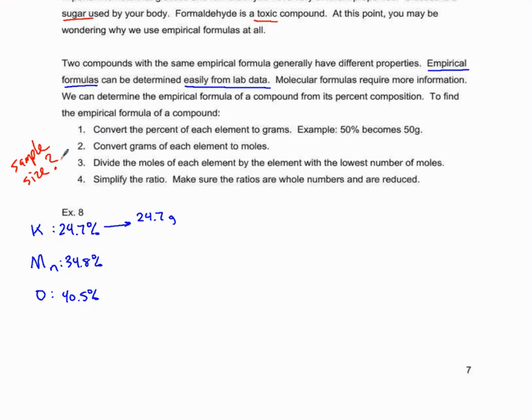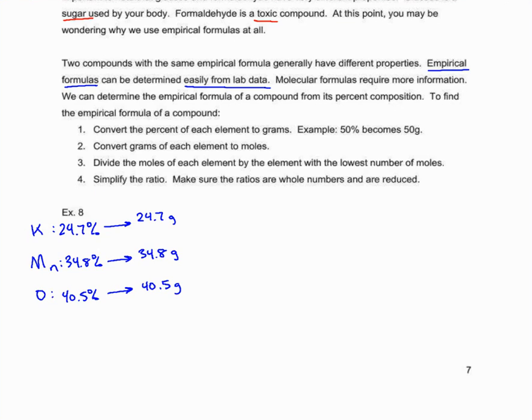So we don't know how much mass is actually there. All we know is a ratio. So what we do is say something we don't know, and we're going to say it's 100 grams. And that's how we get to here. And so it's an easy jump just to change that percent sign to grams. It's a ratio anyway. It's not really going to cause us problems. So let's go ahead and change manganese, 34.8 grams, and oxygen, 40.5 grams.